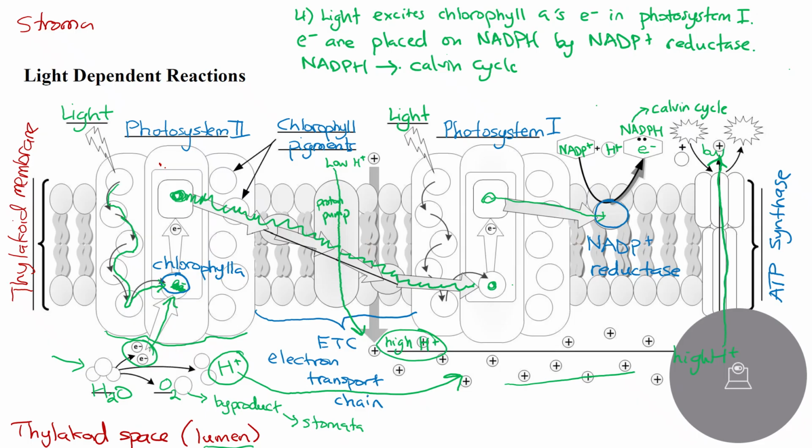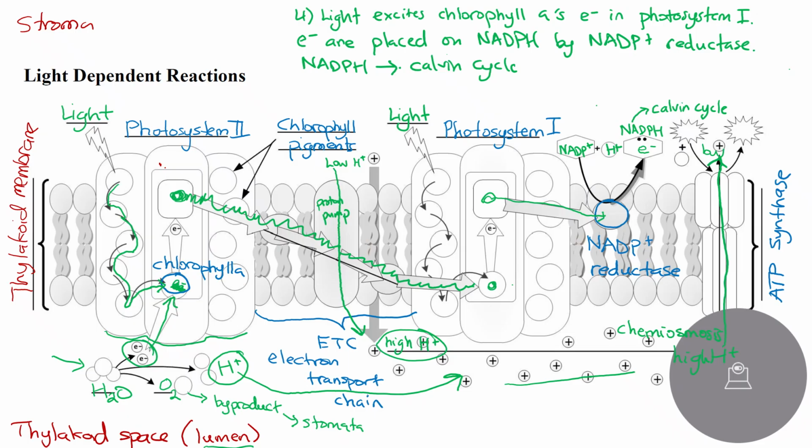And so that's this vocab word. When protons are diffusing across the proton carrier or this ATP synthase, it generates ATP. This term is called chemiosmosis.